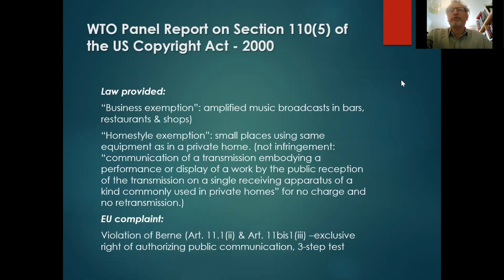It has not changed its law to become compliant. So instead, it has a compensation scheme for the European rights owners. There we go. So that at least explains what the three-step test actually means legally.